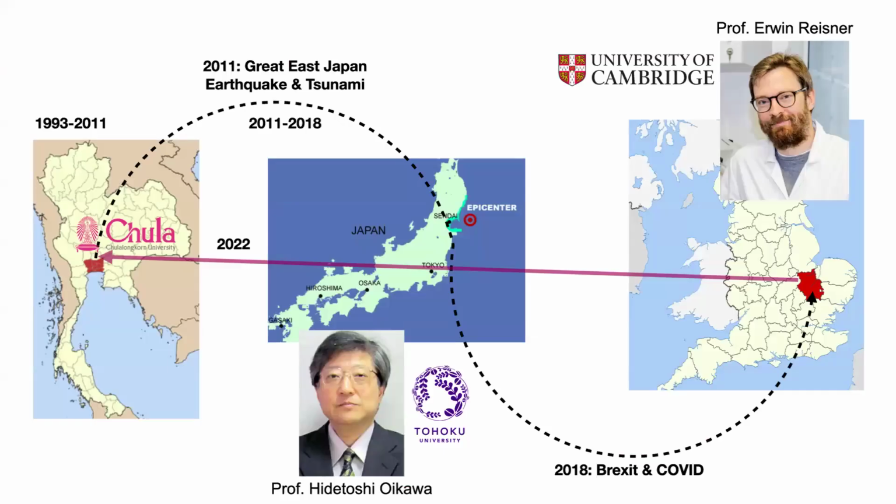And a bit about myself. I did my degree in material science and then I moved to Japan, moved to Sendai. Sendai is the center of the earthquake in 2011.